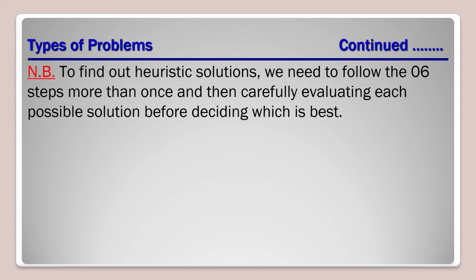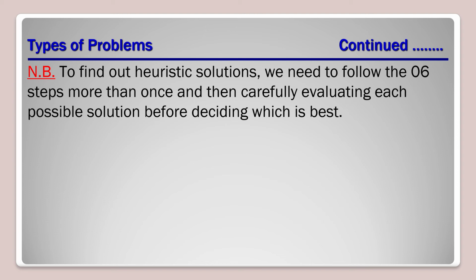So to find out heuristic solutions, we need to follow the 6 steps more than once and then carefully evaluate each possible solution before deciding which is the best one. So this is the only difference. If the type of problem is an algorithmic problem, then you do not need to worry, you just follow those 6 steps.